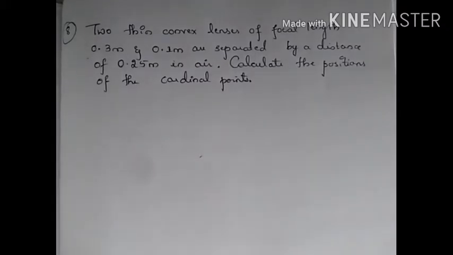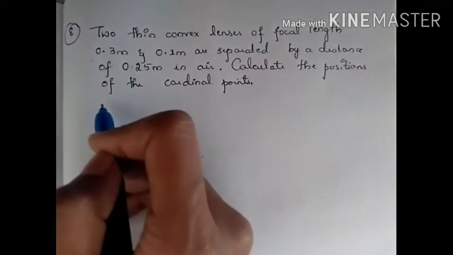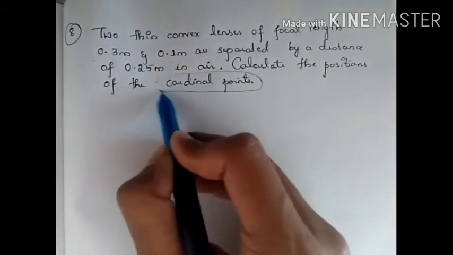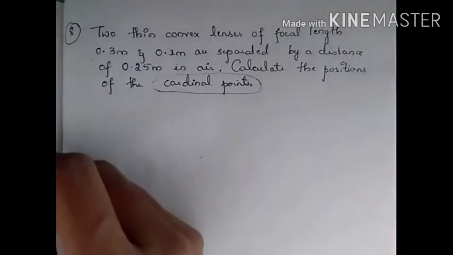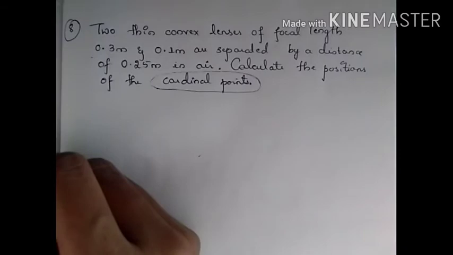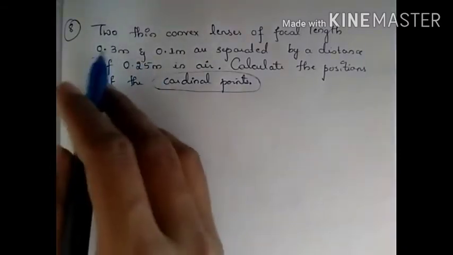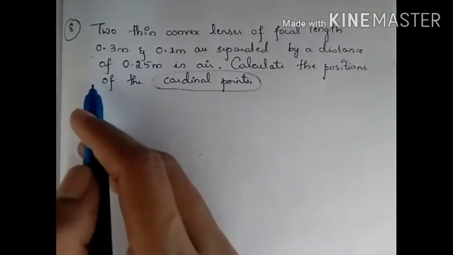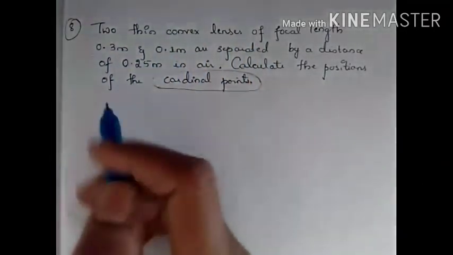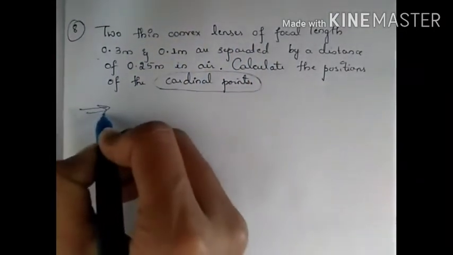Calculate the position of the cardinal points. So here it is asking the position of the cardinal points. That means you have to find alpha 1, alpha 2, beta 1 and beta 2. To do that, we need to first find the equivalent focal length for the system of these two thin lenses. So let us write the given data.